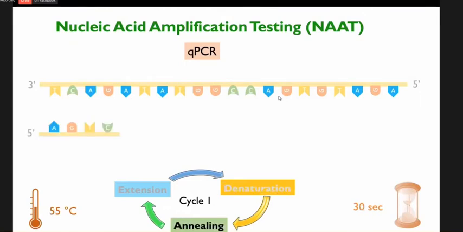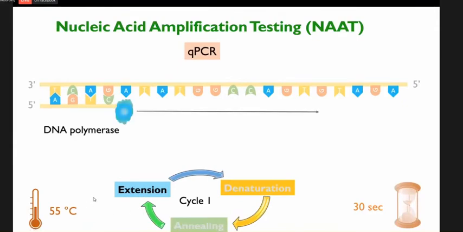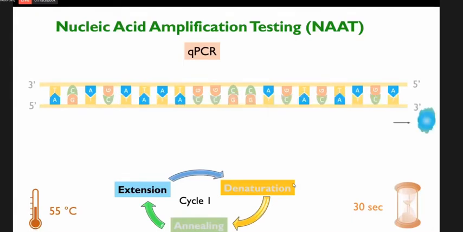In the next step, the annealing, the reaction temperature is decreased to 55 degrees centigrade, allowing the annealing of the forward primer to the complementary part of the single-stranded DNA template. In the extension step, the DNA polymerase then adds the nucleotides and the complementary DNA strand is synthesized.